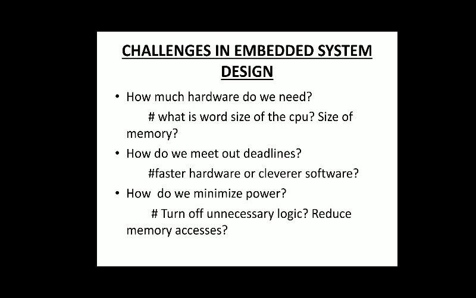Suppose there is a long calculation in the system. Should we buy or implement a 64-bit microprocessor, or should we design the software in such a way that it takes fewer steps to execute that program? Actually in reality the solution is a bit of both.